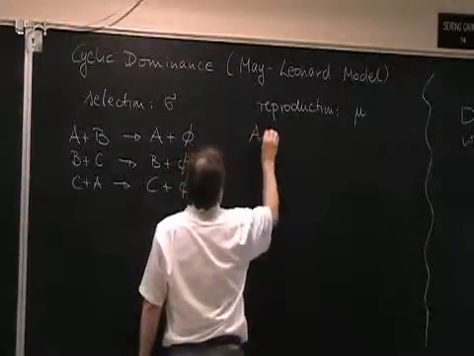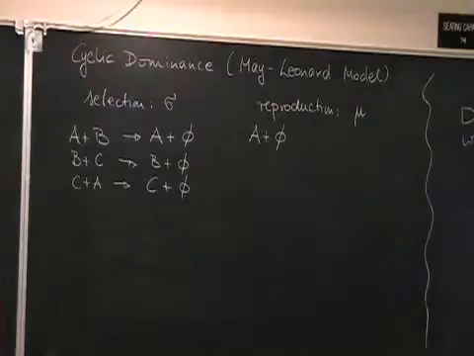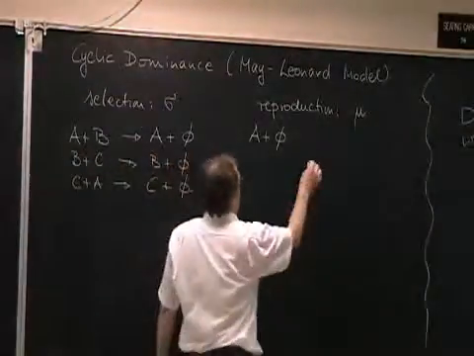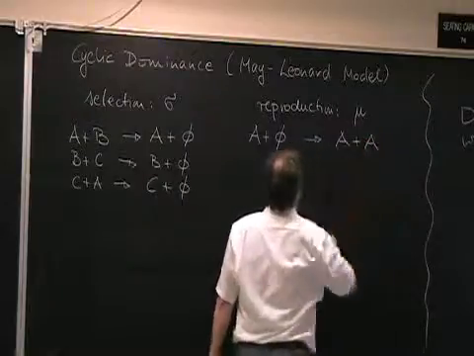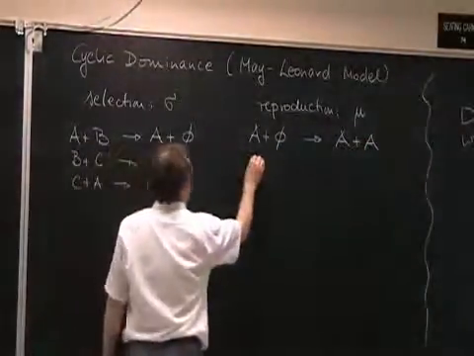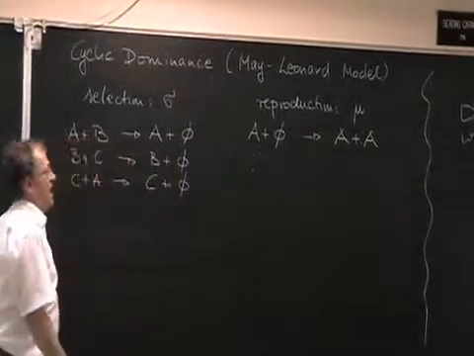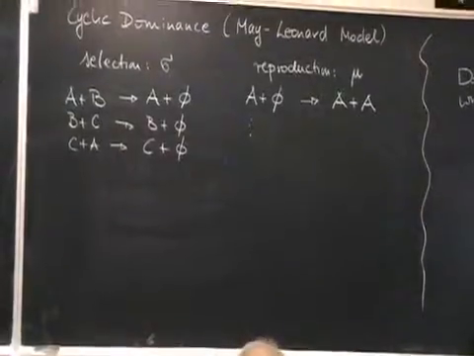And here the rule is if A is next to an empty site, then it may give birth to an individual A with this birth rate mu. And of course, the same I do for each of the other two species, B and C.